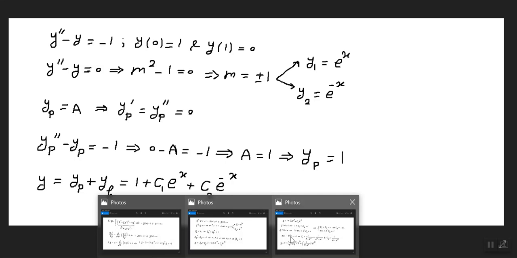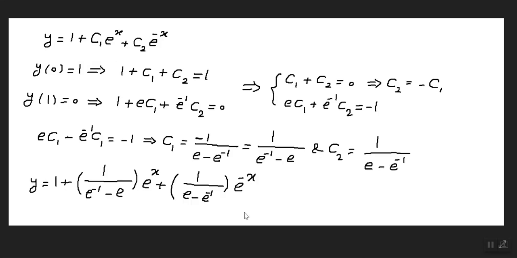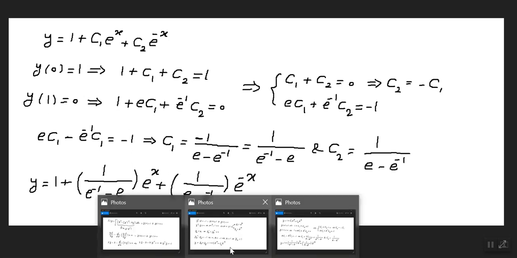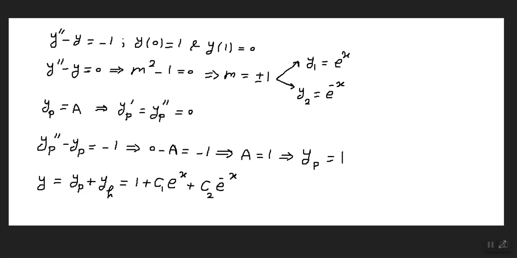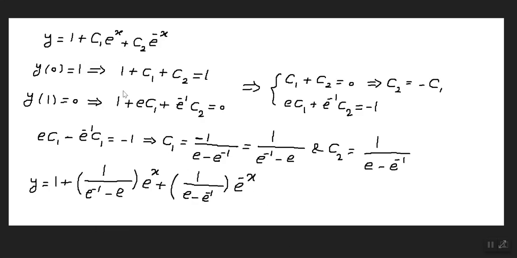Now we have to apply the boundary conditions to find C1 and C2. Okay, y at 0 is 1, so this gives this equation. y at 1 must be 0.